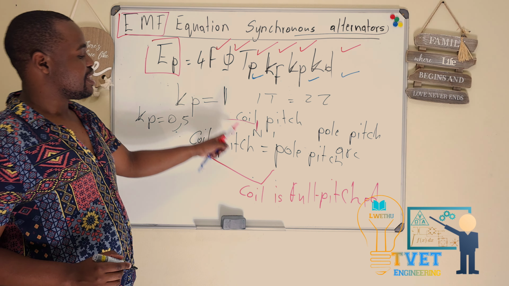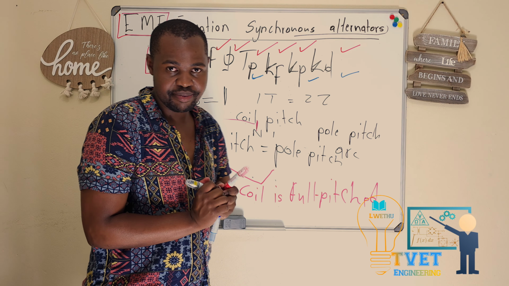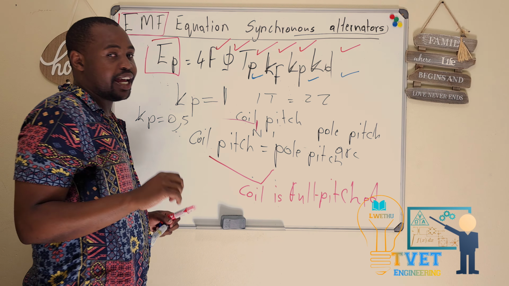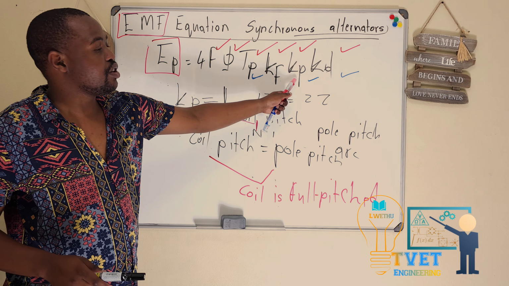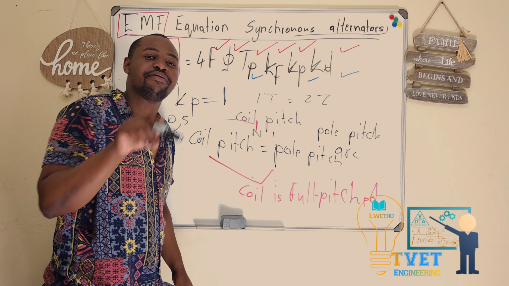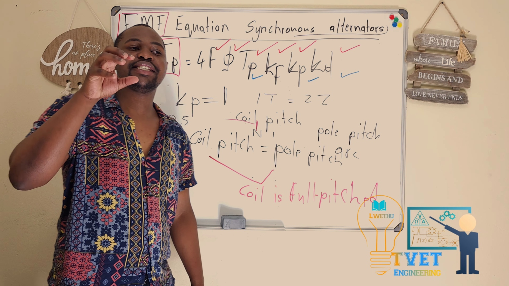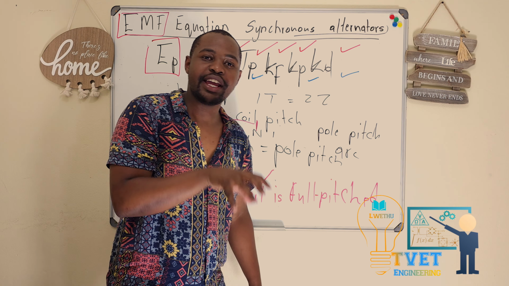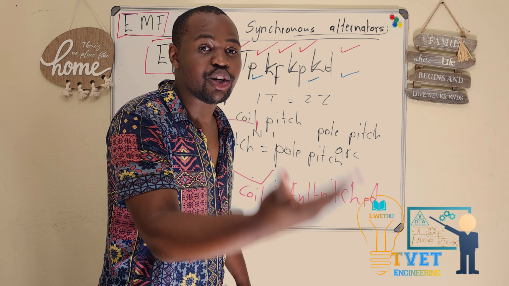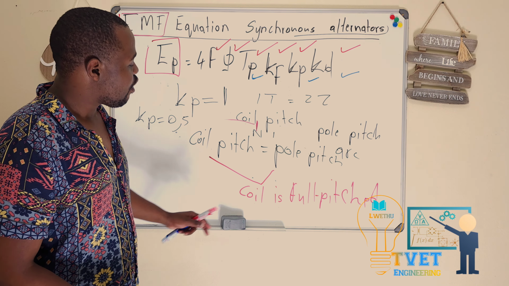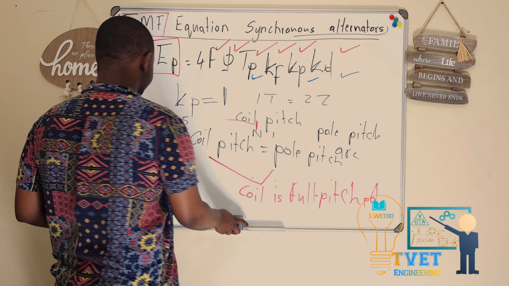But in most cases, they always say full pitched, meaning Kp is equal to 1. Okay, that's it about pitch factor. Please learn in your textbooks how to define pitch factor. It's very simple to define. It is the ratio of the actual EMF that is generated to the EMF that will be generated if the coils were full pitched.